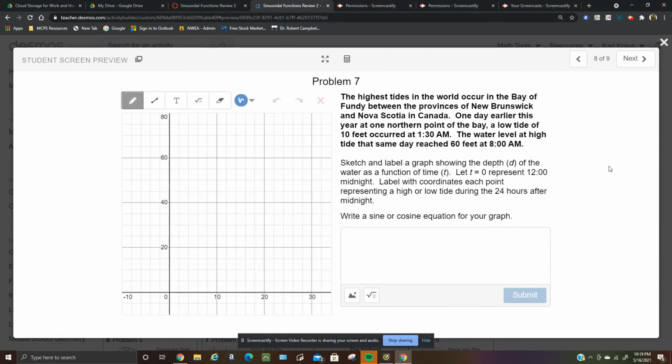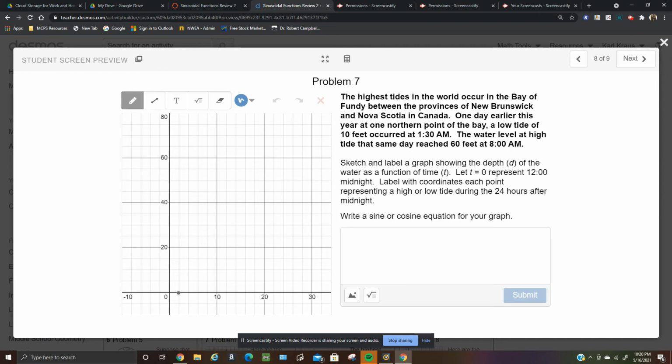All right, from 7, the highest tides in the world occur in the Bay of Fundy between the province of New Brunswick and Nova Scotia in Canada. One day earlier this year, at one northern point of the bay, low tide of 10 feet occurred at 1:30 a.m. The water level at high tide that same day reaches 60 feet at 8 a.m. So this is 2, 4, 6, 8, 10.